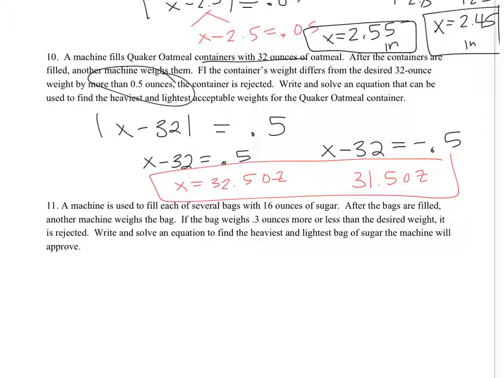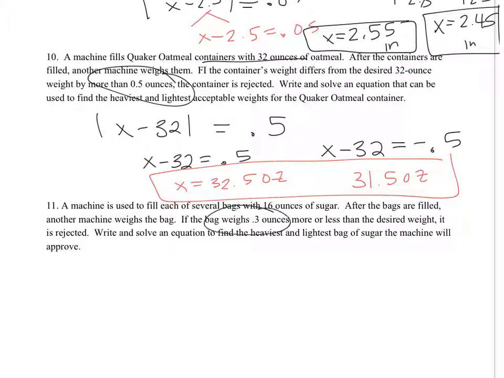And then the last one, a machine is used to fill each of several bags with 16 ounces of sugar. After the bags are filled, another machine weighs the bag. If the bag weighs 0.3 ounces more or less than desired weight, it is rejected. Write and solve an equation to find the heaviest and lightest bag.